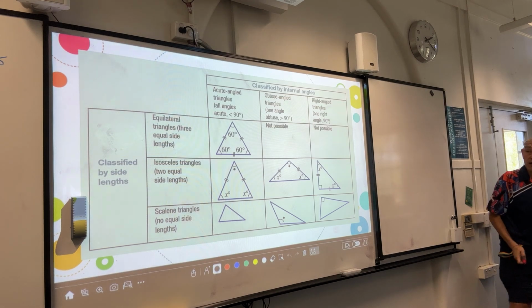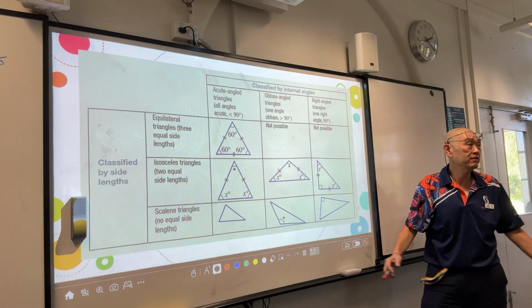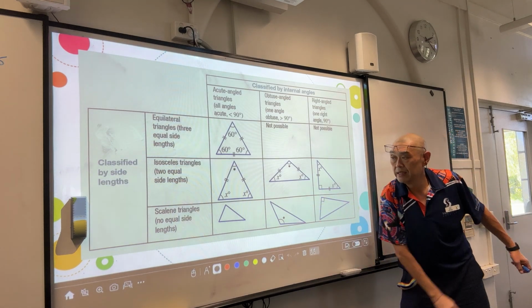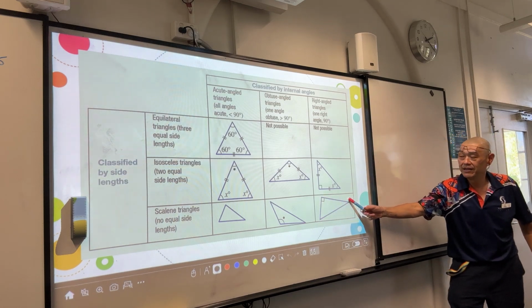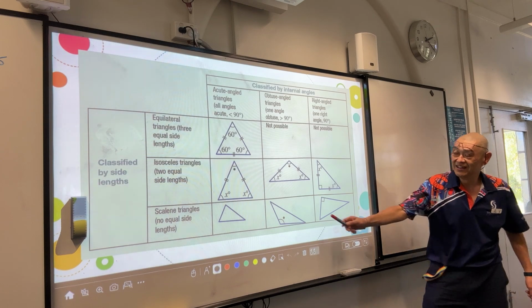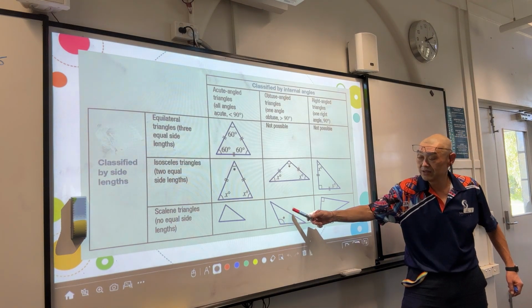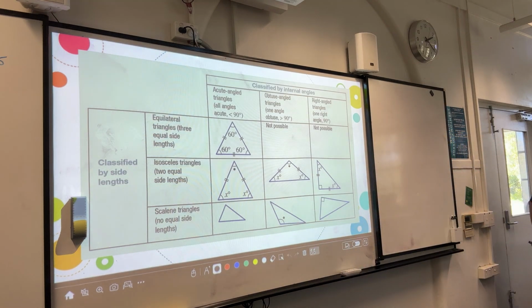Right angle isosceles triangle, 45 degrees. That's the most straightforward. And then scalene triangles, no equal sides. That you would typically know, like Pythagoras' theorem, 3, 4, and 5. This one, you've got one obtuse. This is not the same as this, not the same as that. And then, of course, the rest. The other one, all acute angles. So basically, I split the triangle out a little bit more.